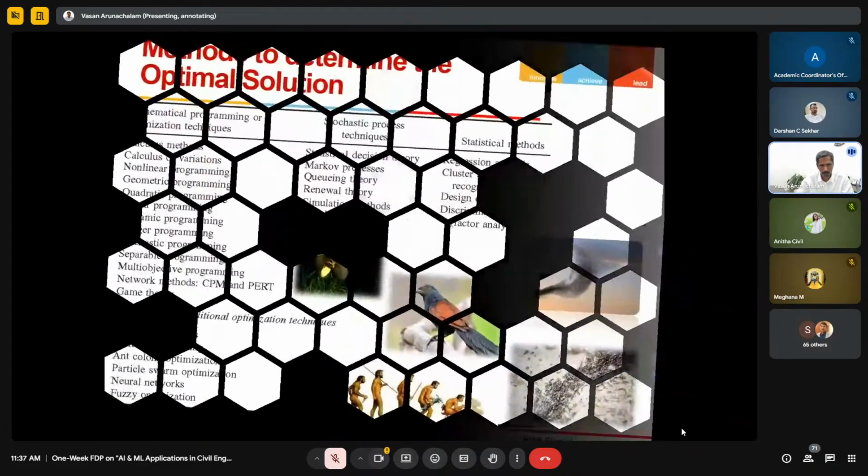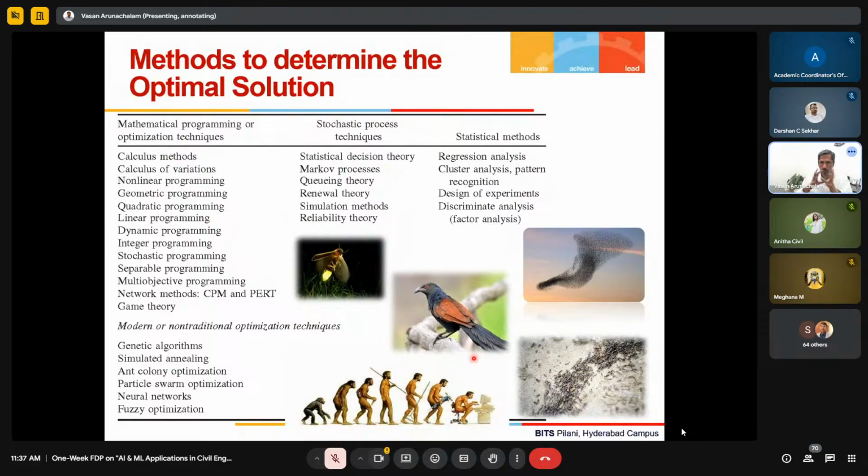Now, once you formulate a mathematical model, there are so many methods available in literature for us to decide which are the most popular ones.